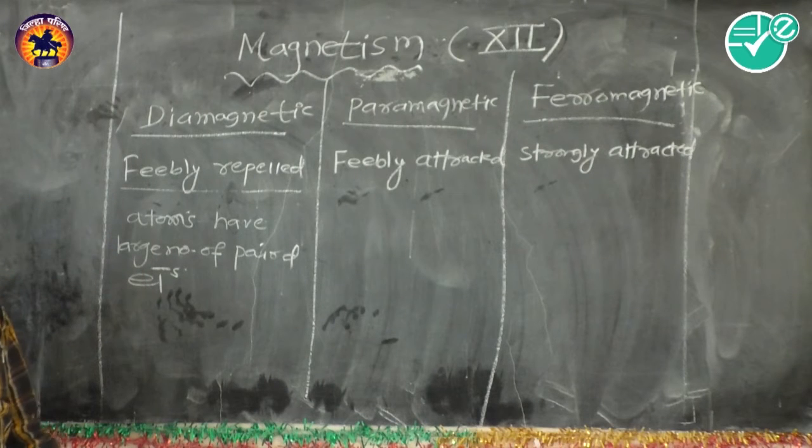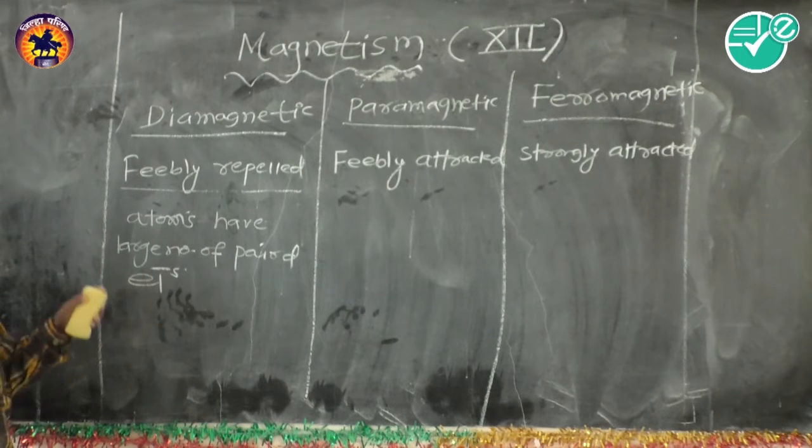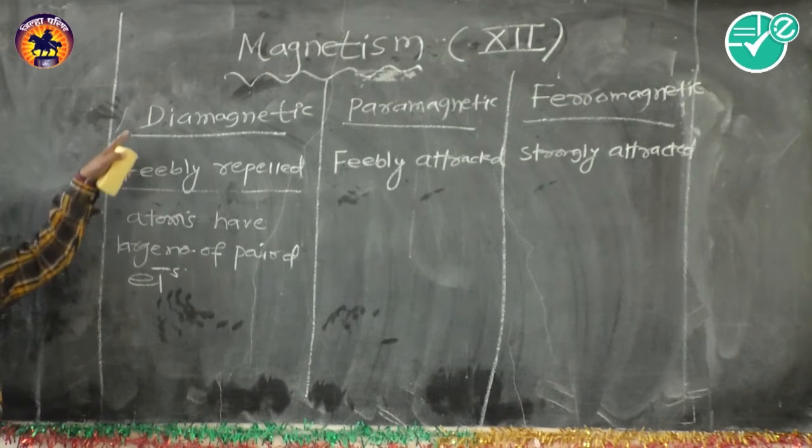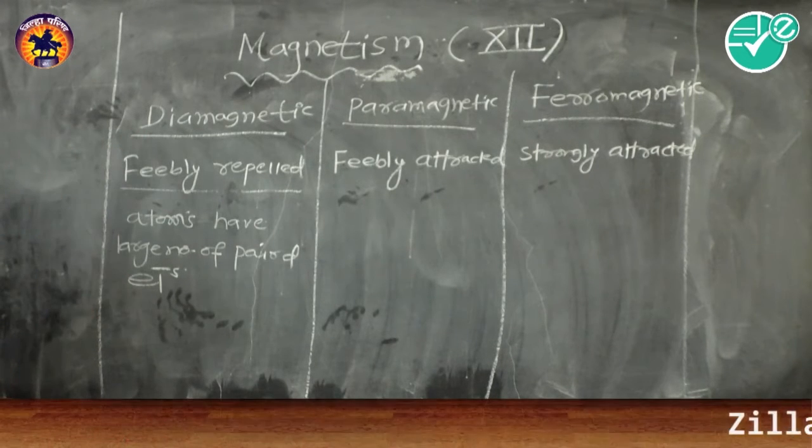The substances whose atoms have a large number of paired electrons belong to the type diamagnetic substances.